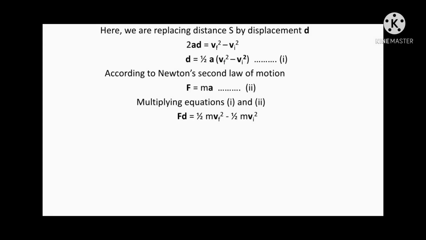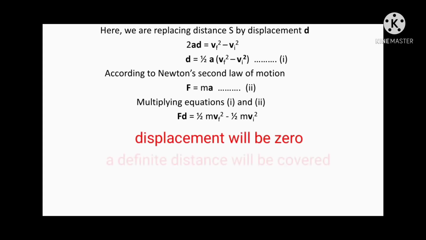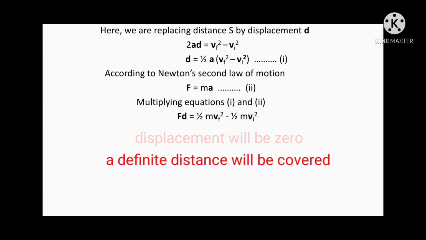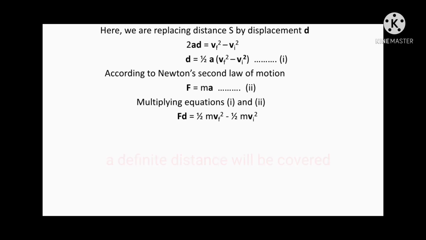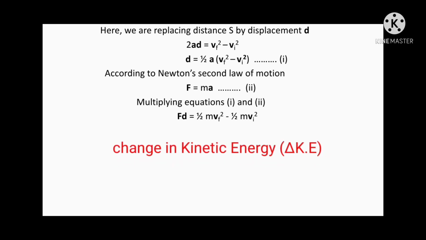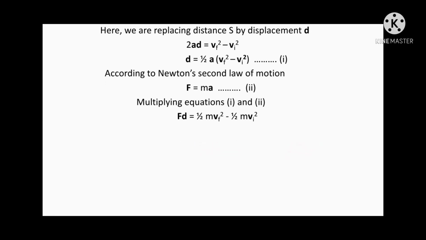For example, we have a ball and we bounce it upon a marble floor. It will bounce several times and will finally come to its initial position. Since there is no change in the position of the ball, the displacement is zero, but a definite distance is covered. Because we are dealing with a change in kinetic energy of the body, here we will deal with displacement d instead of distance s.